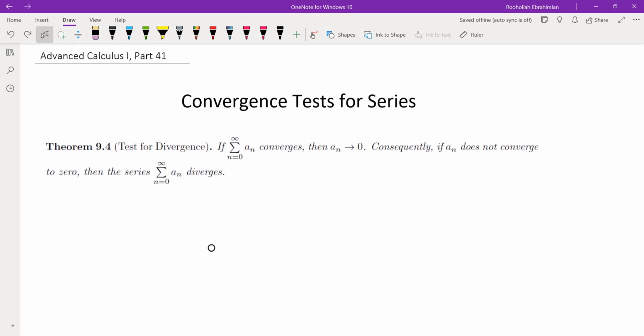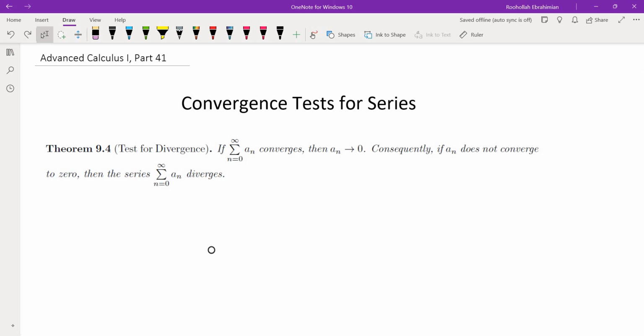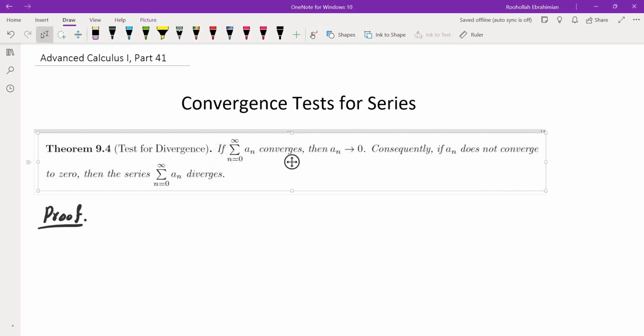The first test for convergence, which is in fact a test for divergence, would be mostly used when we want to show a series is divergent. This test tells us that if a series converges, then each of the terms must approach 0.